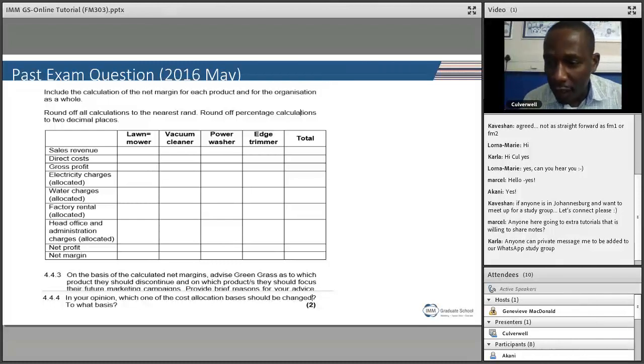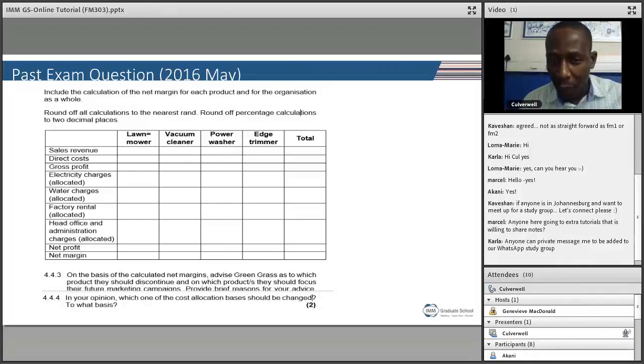This is exactly what this question wanted one to do. In your exam now, all that they will change is the circumstance. Pay attention to why we end up using number of employees to allocate water charges, because there's an indication in the question. And also we end up allocating head office and administration cost equally, because the question stipulated so.